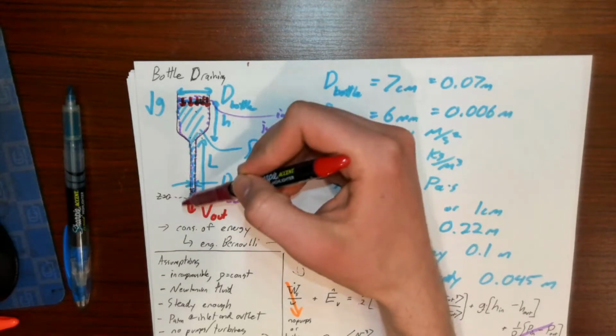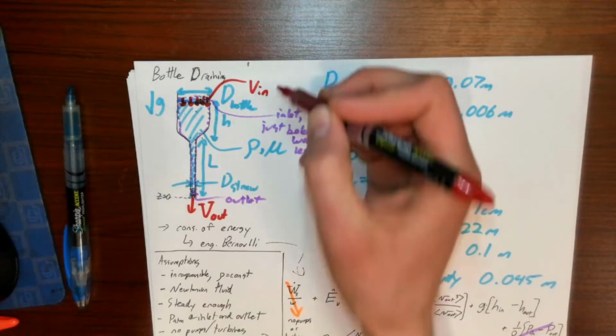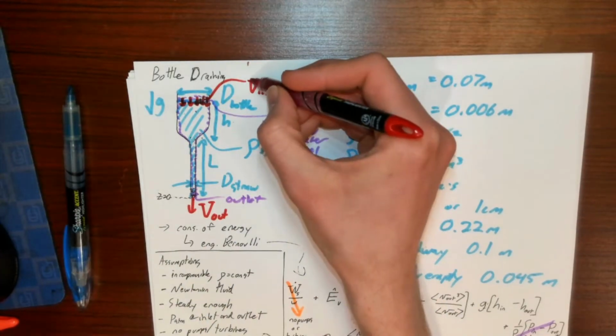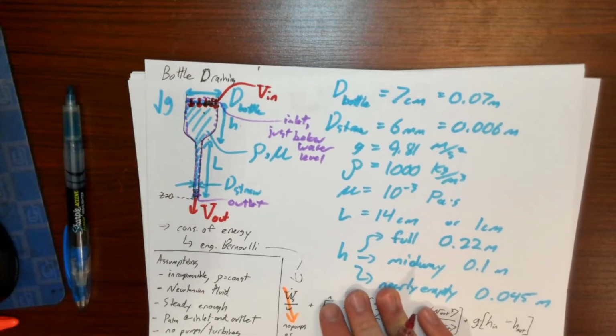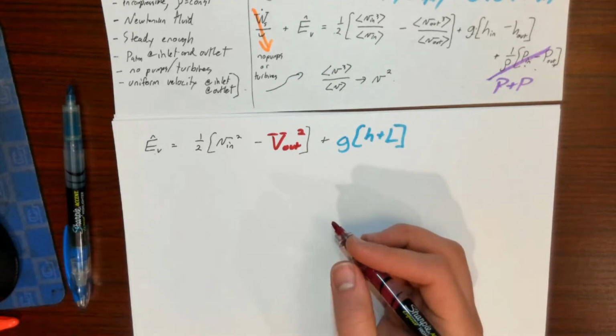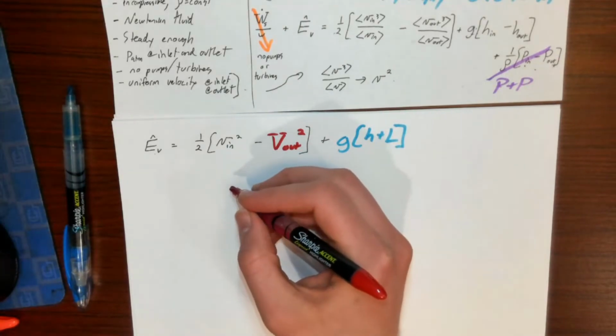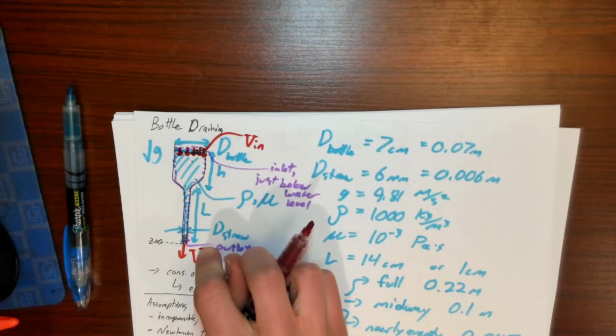They're not necessarily the same, but they're related, right? So there's some as of yet unknown velocity at the inlet that we have to treat as an unknown. We can relate the velocity at the inlet and the velocity at the outlet with conservation of mass, right?